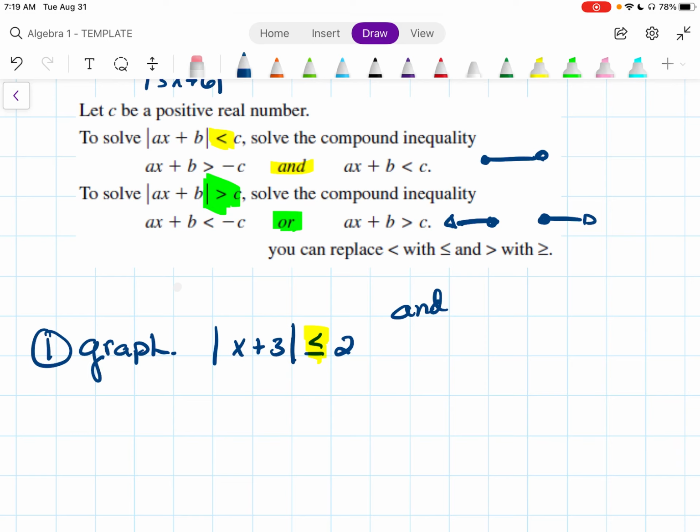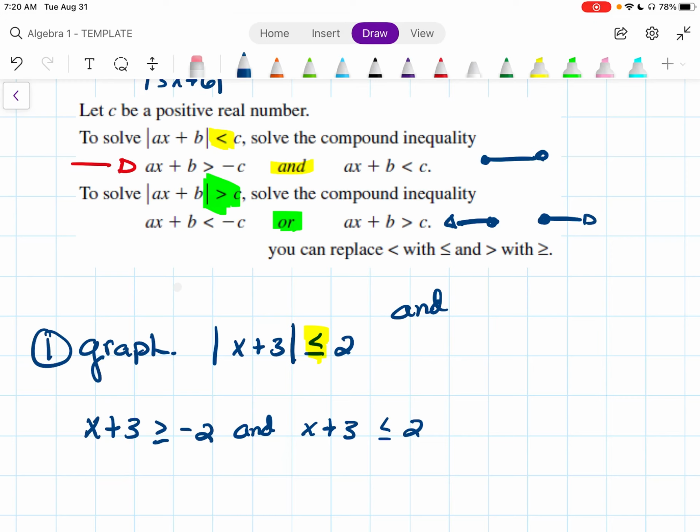We'd have x plus 3 is greater than or equal to negative 2. And then also x plus 3 is less than or equal to 2. What I'm doing there is plugging into this formula right there. Let me put the word and in there.